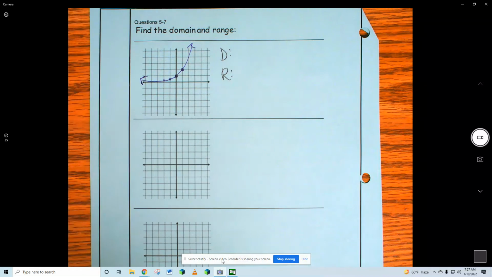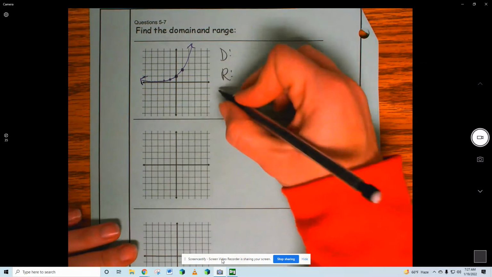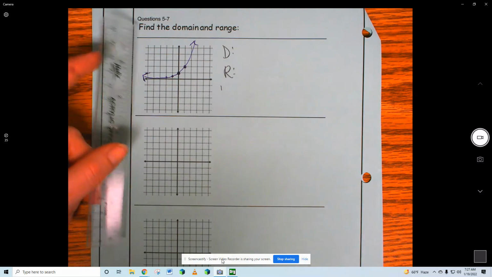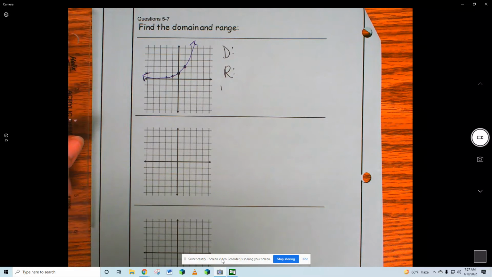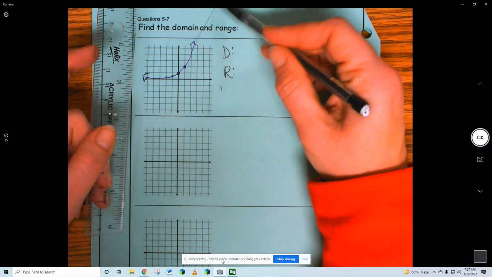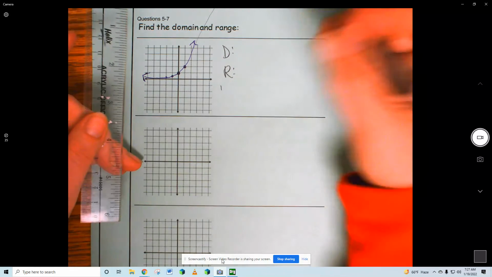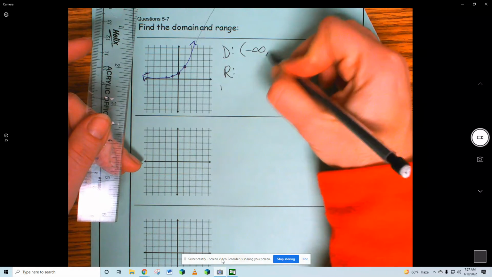What is this? Left to right. Doesn't it go forever left to negative infinity? So that's negative infinity, and then I'm scanning. It's going to go up forever to the right. That's positive infinity. All real numbers.